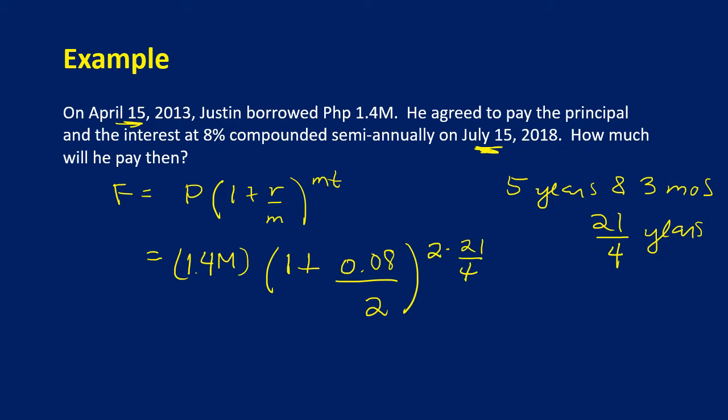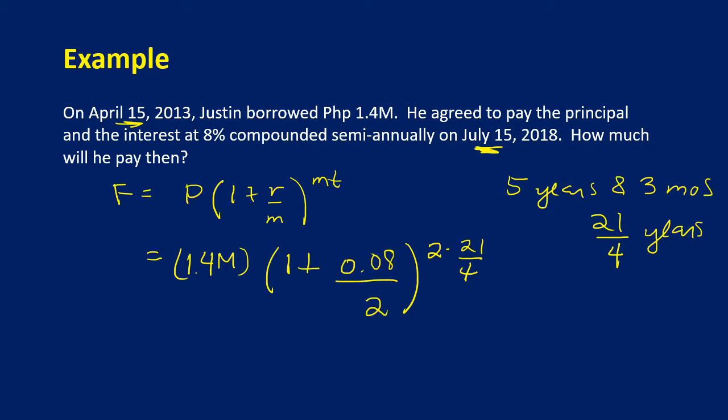Alright, so let's now use our calculator. 1.04 raised to 21 over 2 times 1,400,000.